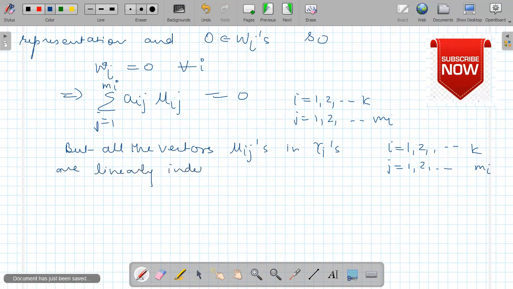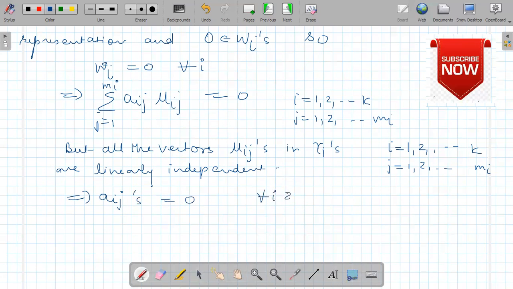Or linearly independent property says if you put the linear combination of the vectors equal to 0, then all the constants will be equal to 0. This implies all the aij's equal to 0 for all i and j.